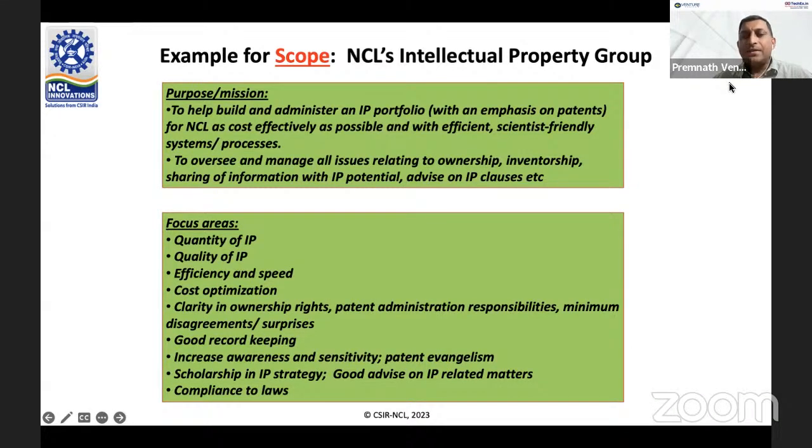So if you don't have sufficient numbers, very often you won't have enough to pick from, and it's very difficult to predict winners upfront on which IP to file and which not to file, or which one is going to be successful. There were a lot of classic examples of this, like Google, for example.